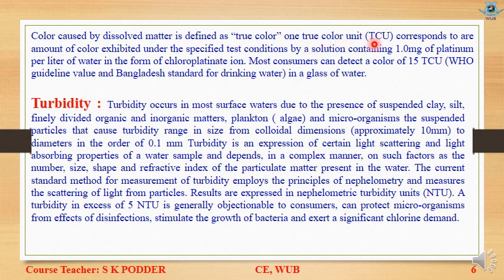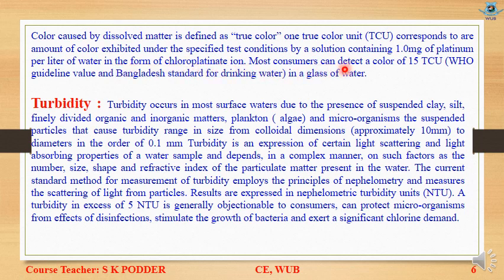One true color unit, that is TCU, corresponds to the amount of color exhibited under the specified test conditions by a solution containing 1 milligram of platinum per liter of water in the form of chloroplatinate ion.